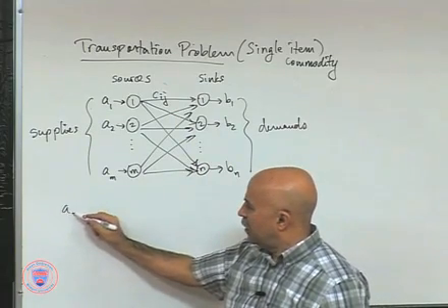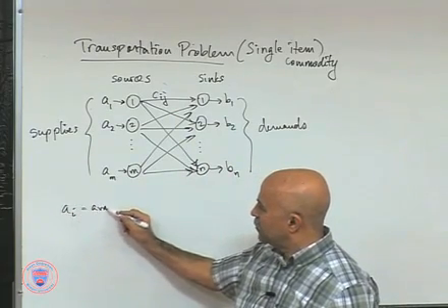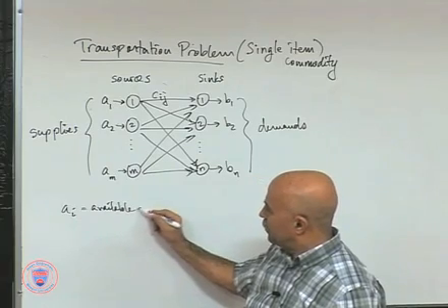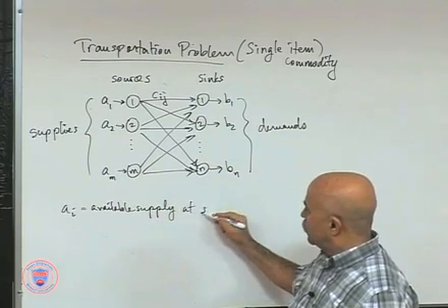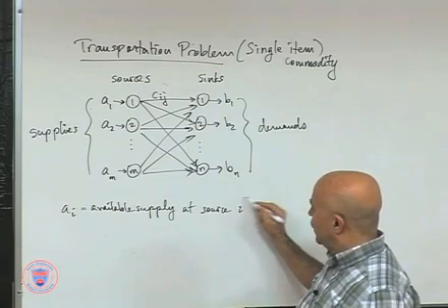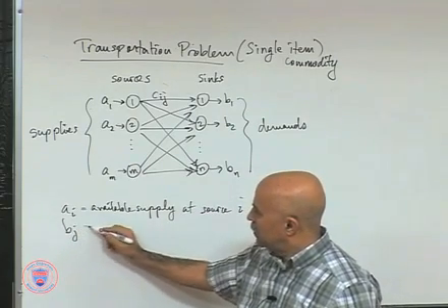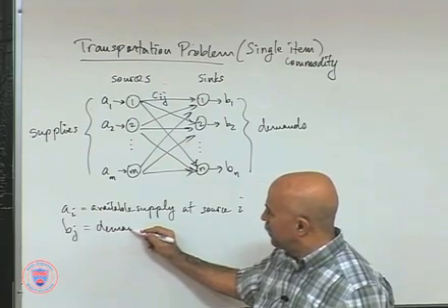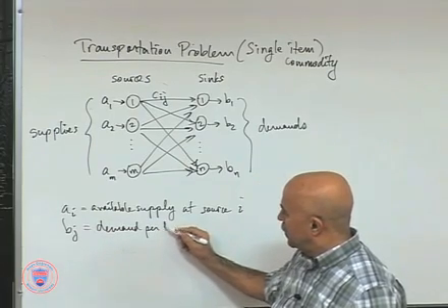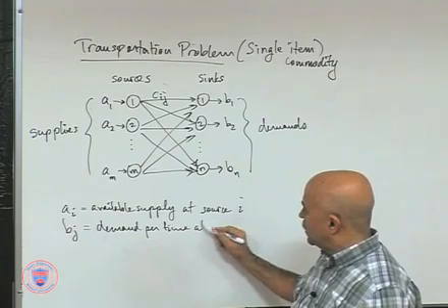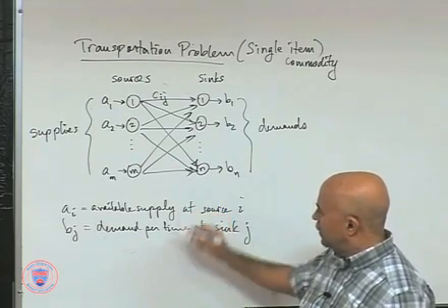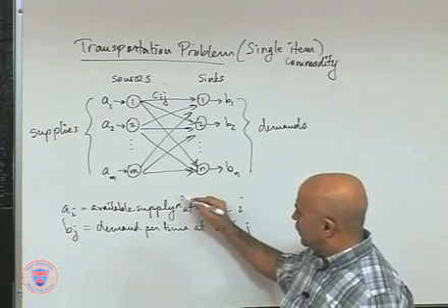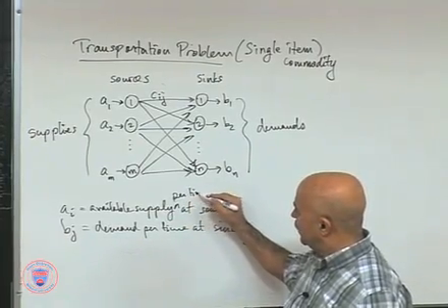So AI is the available amount, available supply at source I. BJ is the demand per time at sink J. Of course, this is also per time.